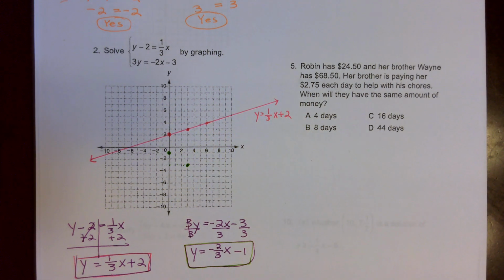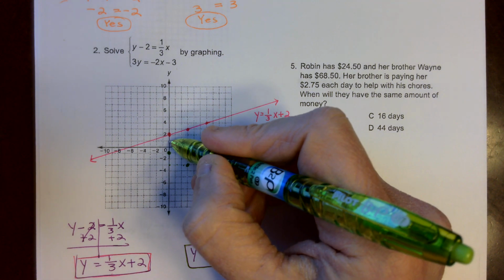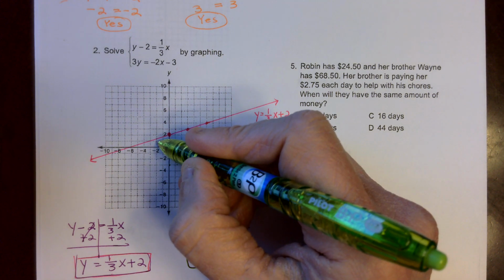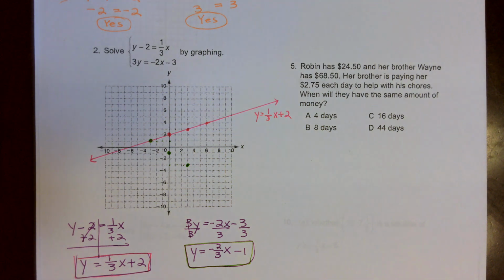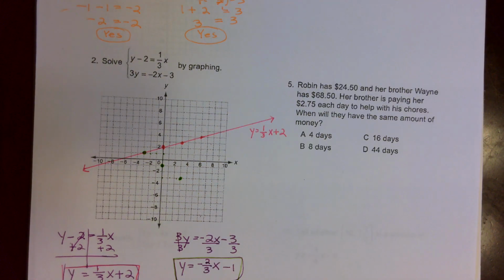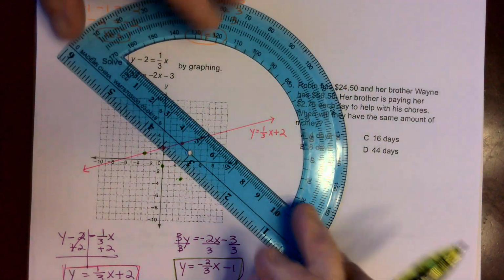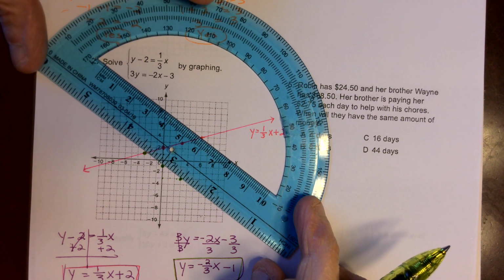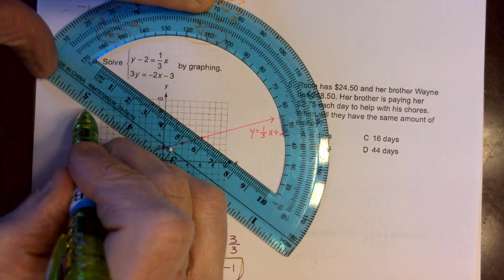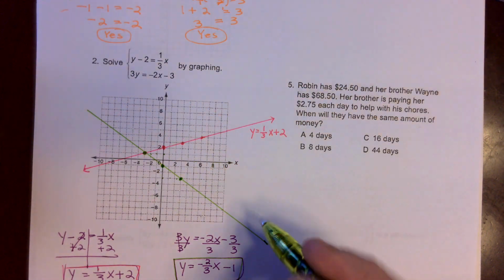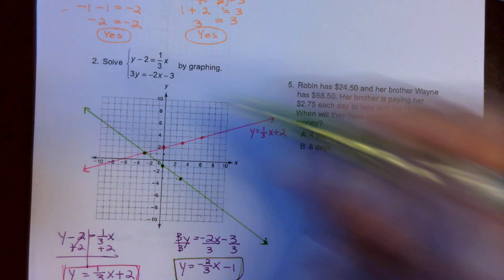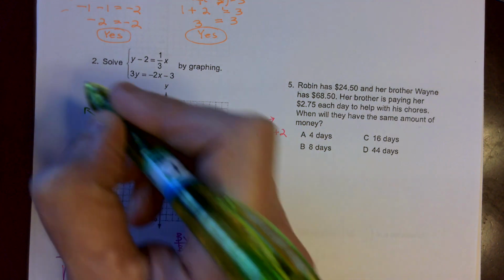Right there. Or I could put the negative down with the 3 and do rise 2, run 3, negative. Ooh, which happens to be my intersection point as well. So we need to line these up. And I'm going to label it.